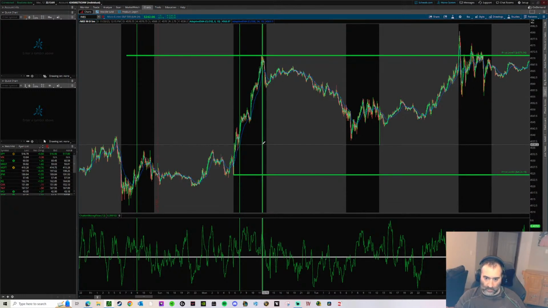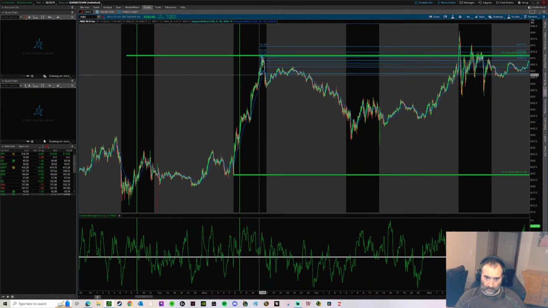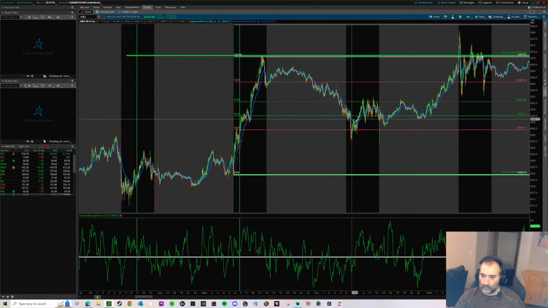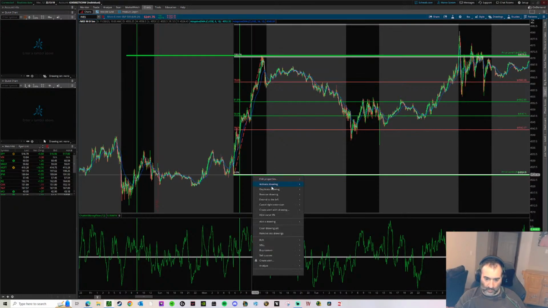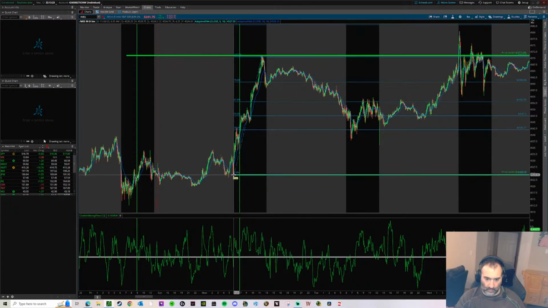If I'm looking for entries on a medium size here, I always fib the previous high and lows. So, especially when it's a valid looking play, right? So, if things don't line up, what you can always do is just play with your fib, right?